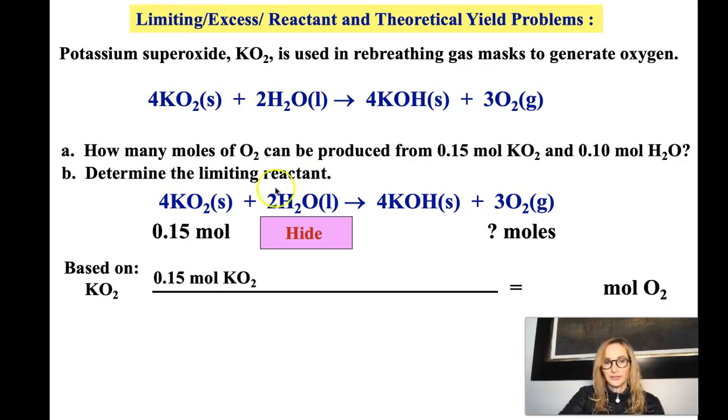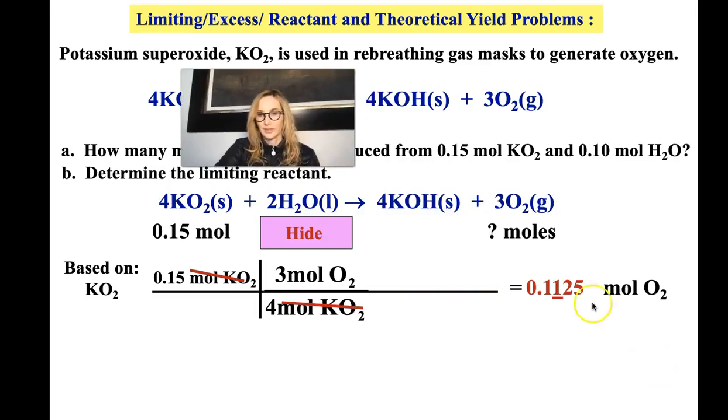So we're starting with the given moles of 1. We're going to have to use the molar coefficients. 3 moles O2. We start with 2 sig figs, so they're underlining 2 sig figs. Now, whichever one gives us the smaller amount is going to tell us our limiting reagent. So we know this one. We don't know the limiting reactant until we try the other one.